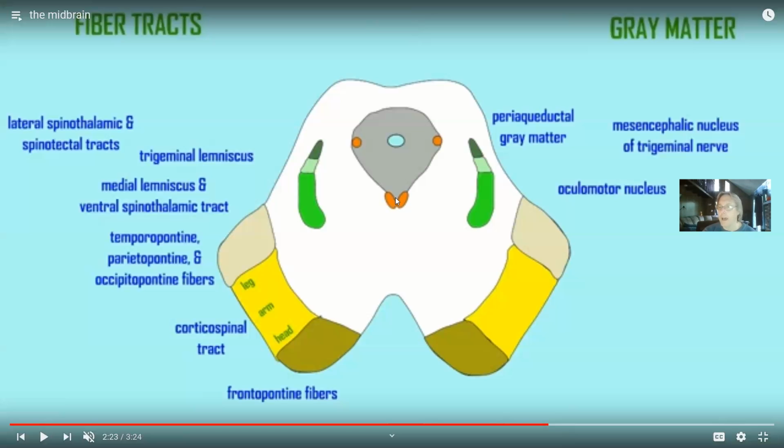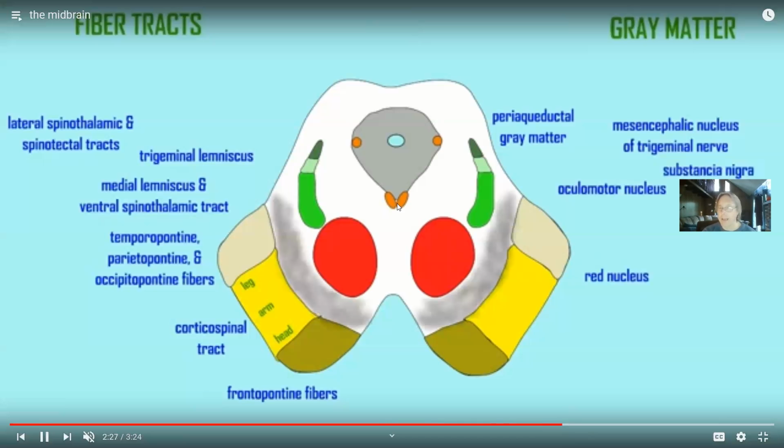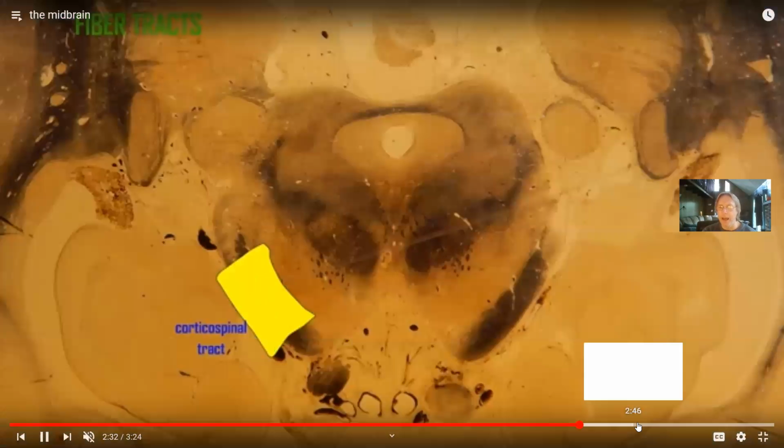In addition, there are nuclei of some of the cranial nerves, such as the oculomotor nerve, which moves the eye, or one of the multiple nuclei of the large trigeminal nerve comes from the midbrain. So there is white matter. Those nuclei are gray matter, as is the red nucleus and the substantia nigra.